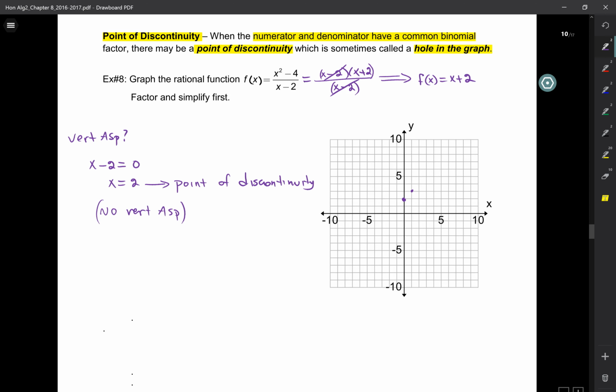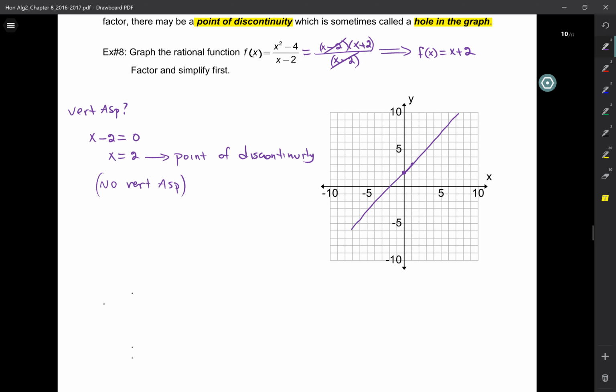Okay, so that's how this looks, except, where's my point of discontinuity? It's at x equals 2, y equals what? Plug x equals 2 into the reduced function. So y equals 2 plus 2, 4.